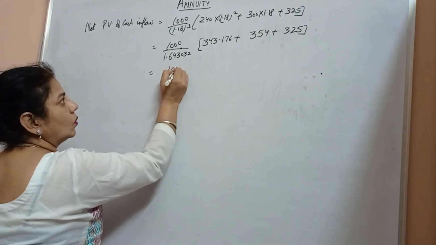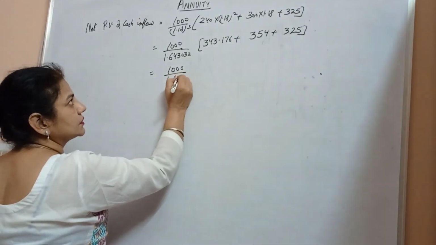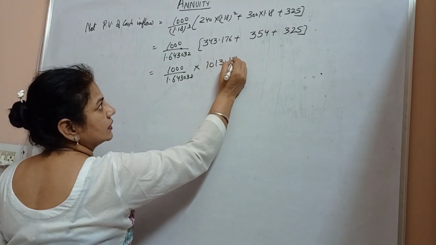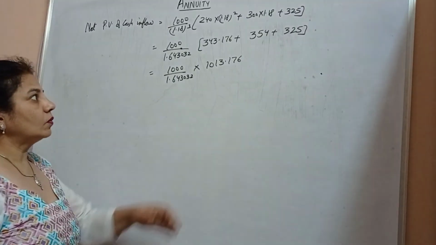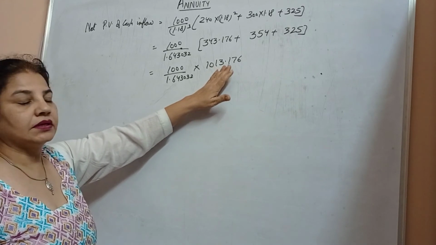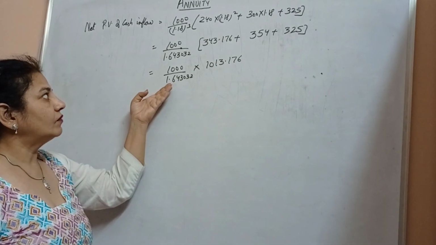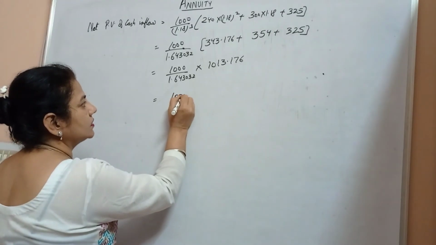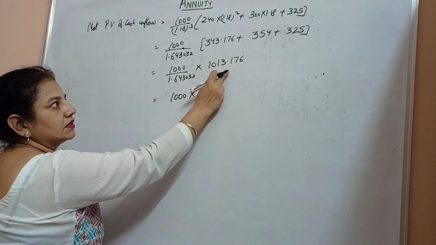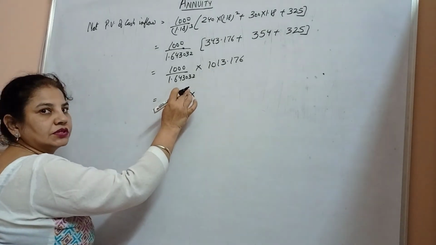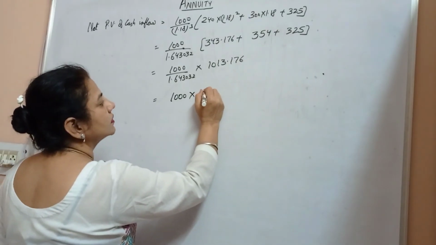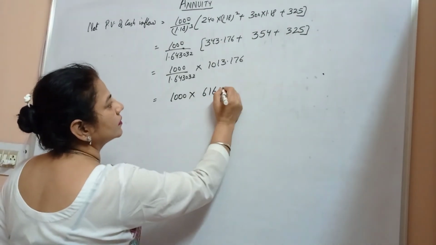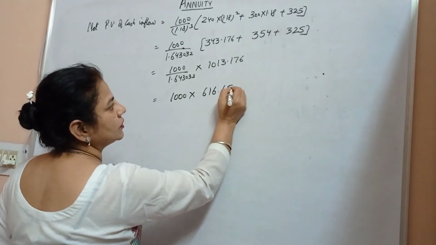Again, I have 1000 upon 1.643032 multiplied by 1013.176. Divide 1013.176 by 1.643032, which is 616.65019.